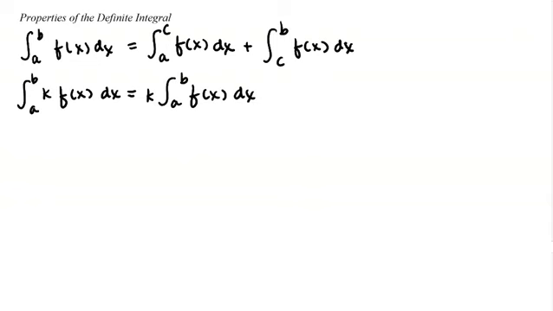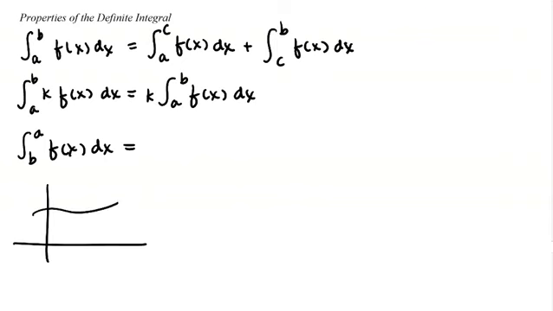Let's see, what else do we have? We have the integral from b to a of f of x with respect to x. Now that's if we have an area here and we start counting area backwards, we're going to end up with the negative of what we'd get counting it forwards. And again, we'll have more explanations on that later, and it'll make more sense once we start integrating with context.